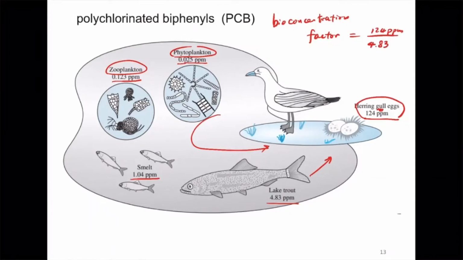If you're talking about the bioconcentration from the phytoplankton to the bird, then it's going to be 124 ppm divided by 0.025 ppm. So it depends on which process you're talking about regarding this bioconcentration factor.